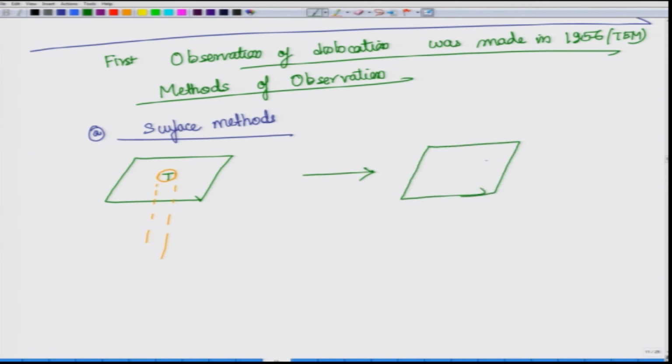So, in some cases people have observed this kind of etched surface at the termination, and what it represents is that there is a dislocation line below it. So, etching by rapid dissolution.